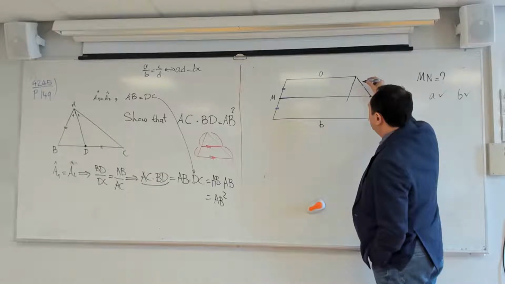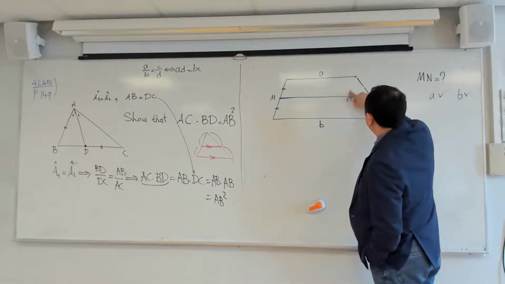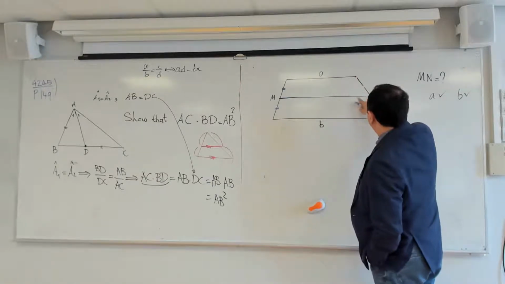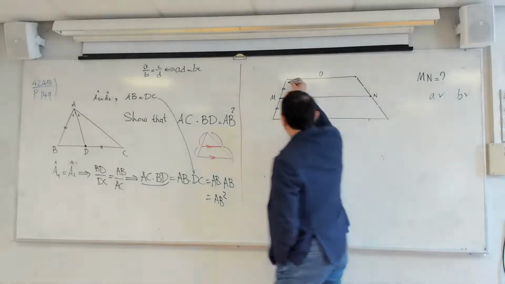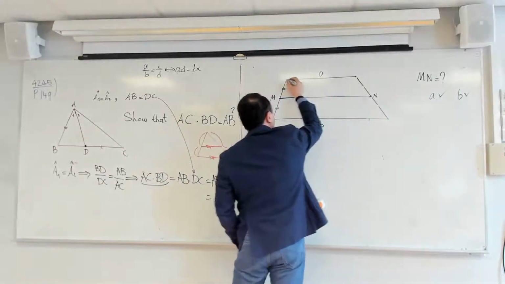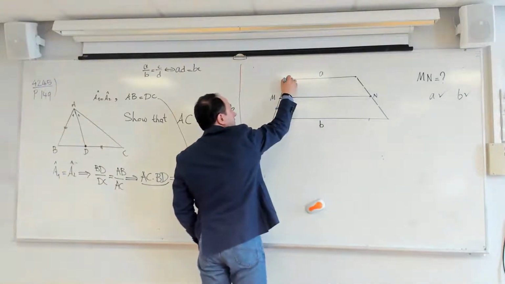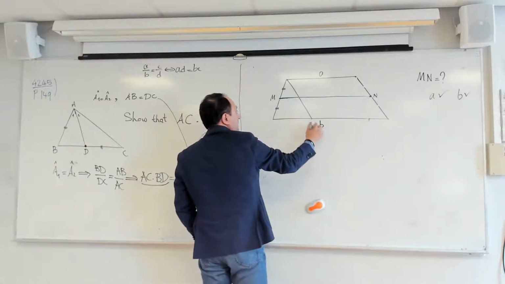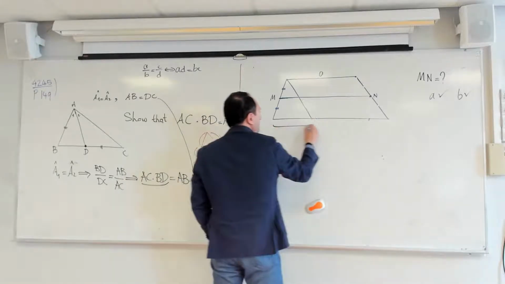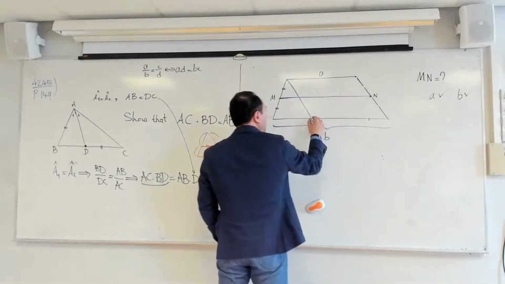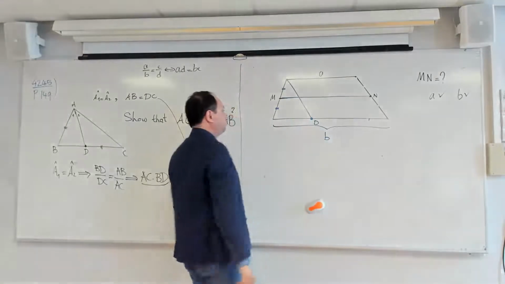Or the other way around. No, the other way around is better, because still I don't know this is in the middle. Otherwise I will make life harder for myself. I take this point and draw a line parallel to this one. And then, where is B? B is from here to here, don't get confused. And then let me call this one D.